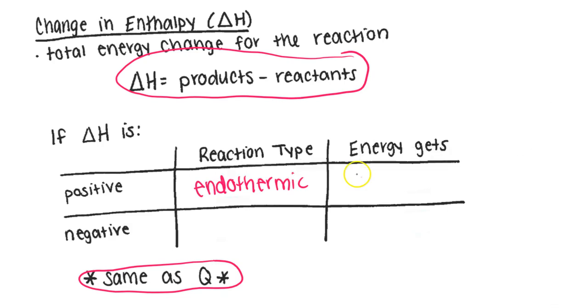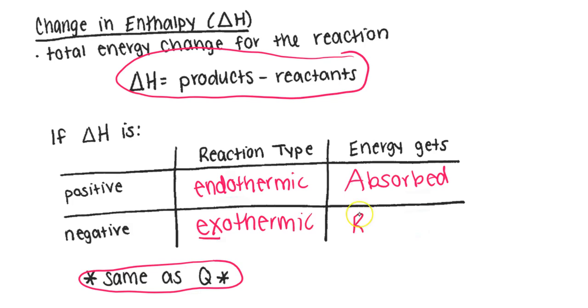In an endothermic reaction, energy gets absorbed. If Q was negative, we said it was exothermic. So if delta H is negative, the reaction is exothermic. If it's exothermic, energy is exiting or energy gets released.